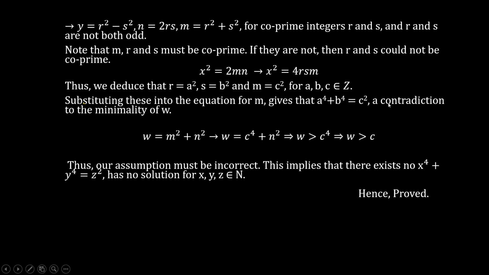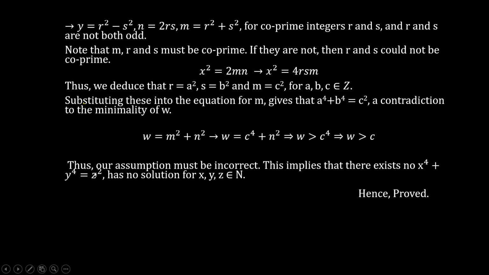But that contradicts the minimality of w, because w is greater than c. Basically w was m squared plus n squared, and then you manipulate and you get w is greater than c. Because of the contradiction, our assumption must be incorrect, which implies that x raised to 4 plus y raised to 4 equal to z squared has no solution for x, y, z belonging to the naturals.